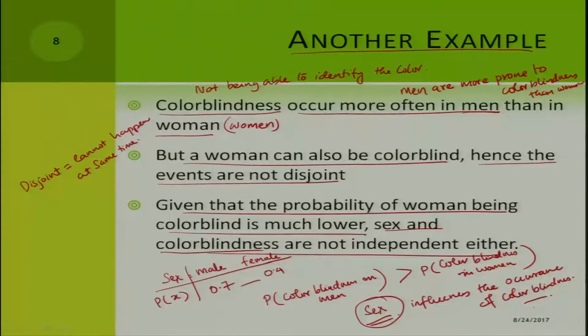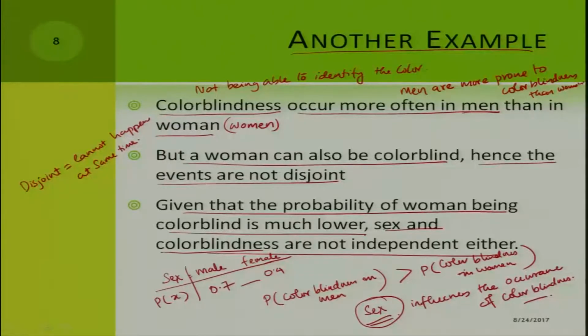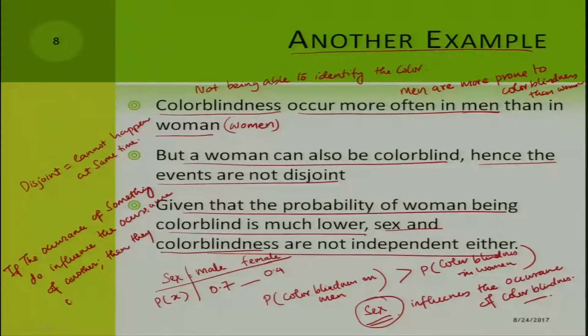So, this is another illustrative example of how independence is important. In a manufacturing system, if something has happened earlier, or if the occurrence of something influences the occurrence of another, then they are not independent events.